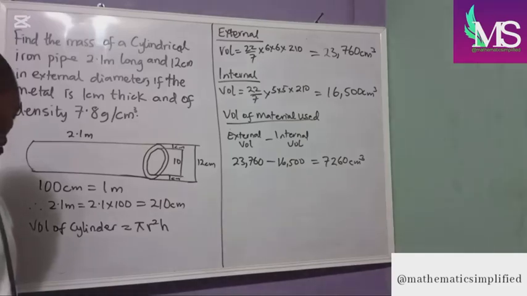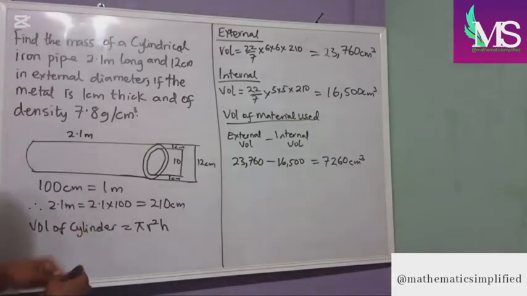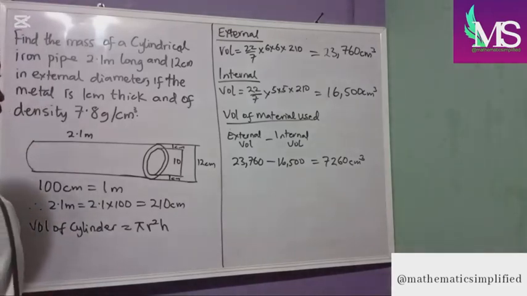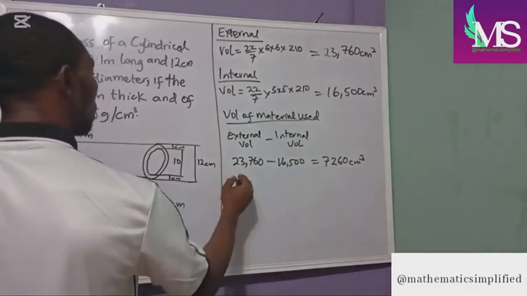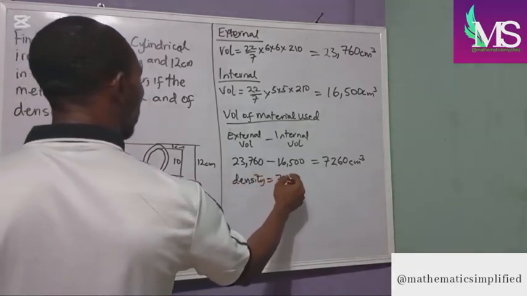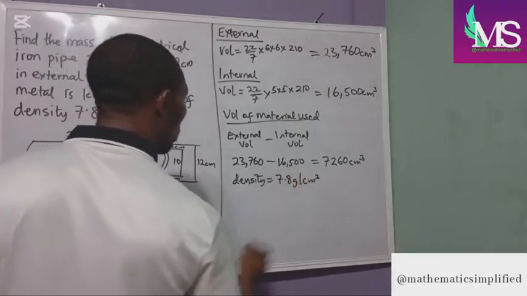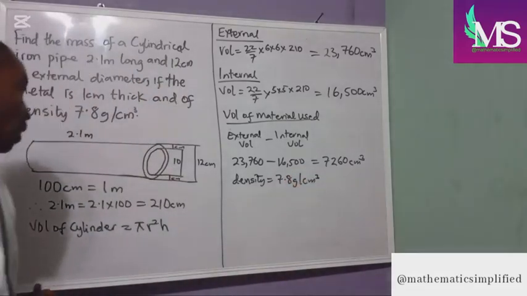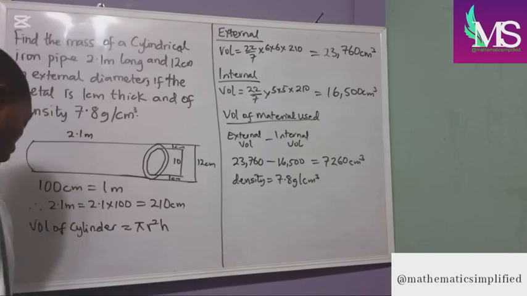But now they told us that the density is 7.8 per cm cube. So we have density equals 7.8 grams per cm cube. Okay, so that means for 1 cm cube we are having 7.8 grams.